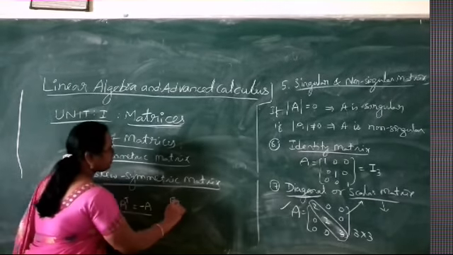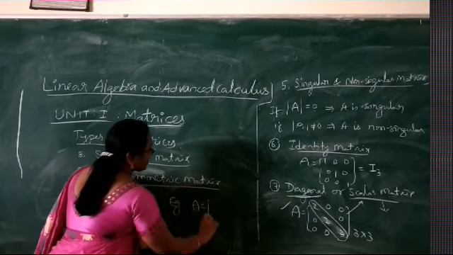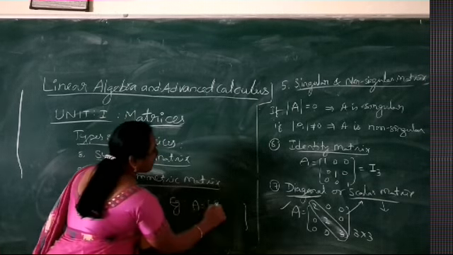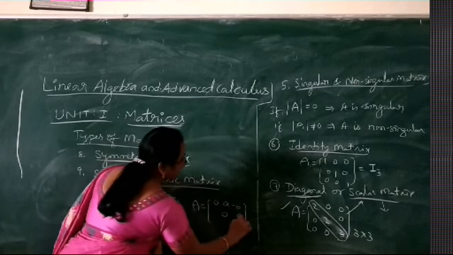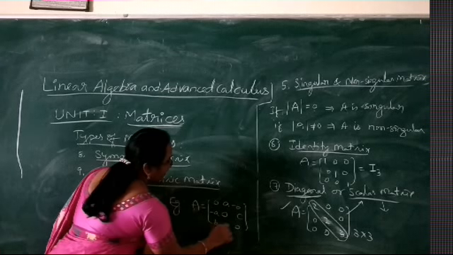For example, suppose the matrix A is equal to, along the diagonal let us choose 0 elements, 0, a, minus b, minus a, 0, c, b, minus c, 0.